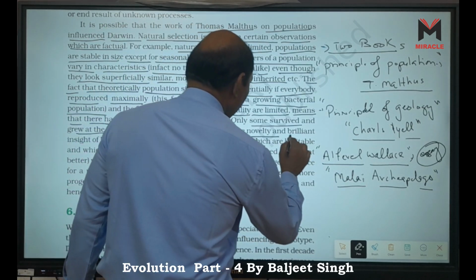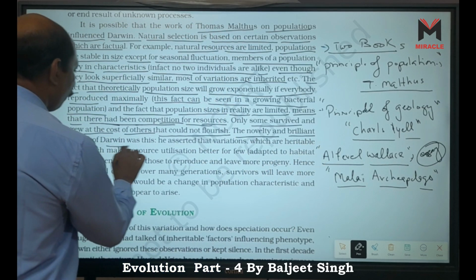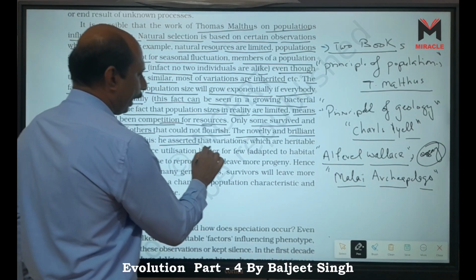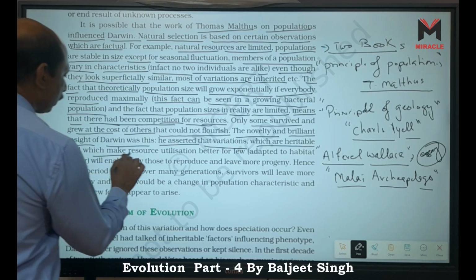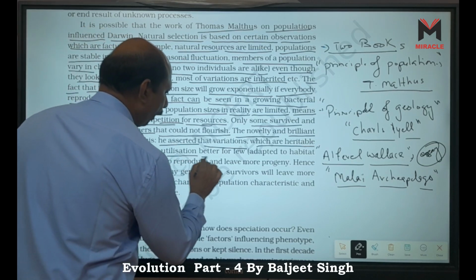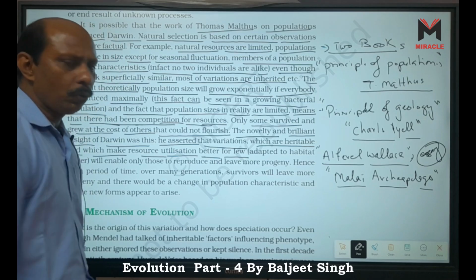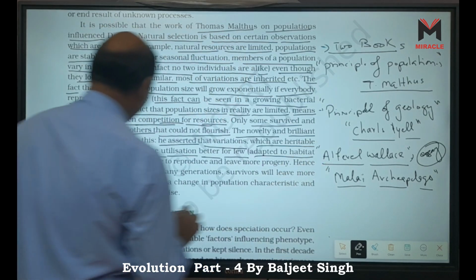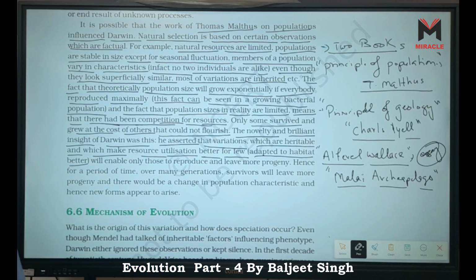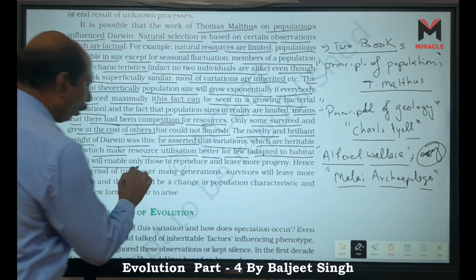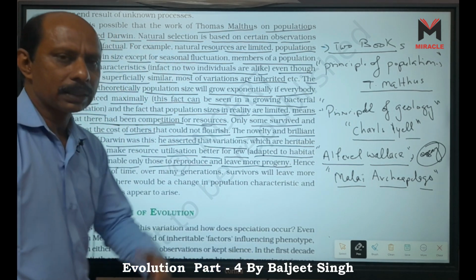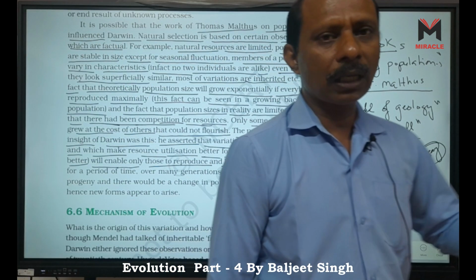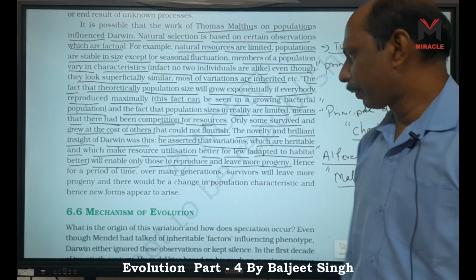The novelty and brilliant insight of Darwin was this: he asserted that variations which are inheritable and which make resource utilization better for a few, meaning those who adapted to the habitat better, will enable only those to reproduce and leave more progeny. They survive, meaning this species survives for more days.